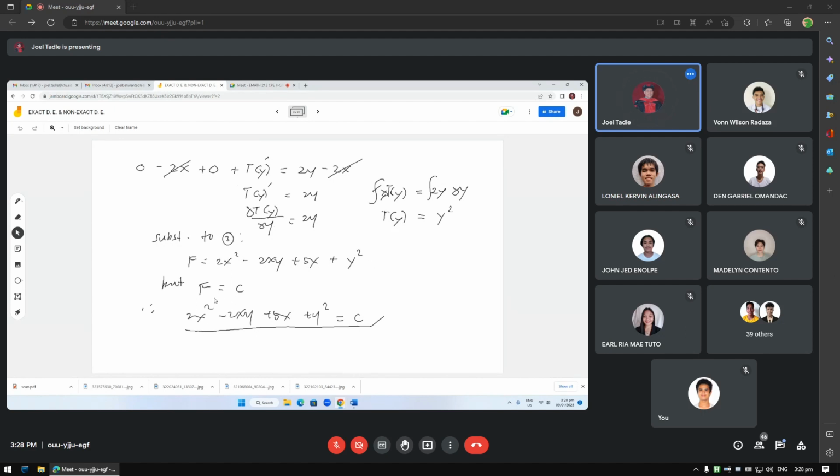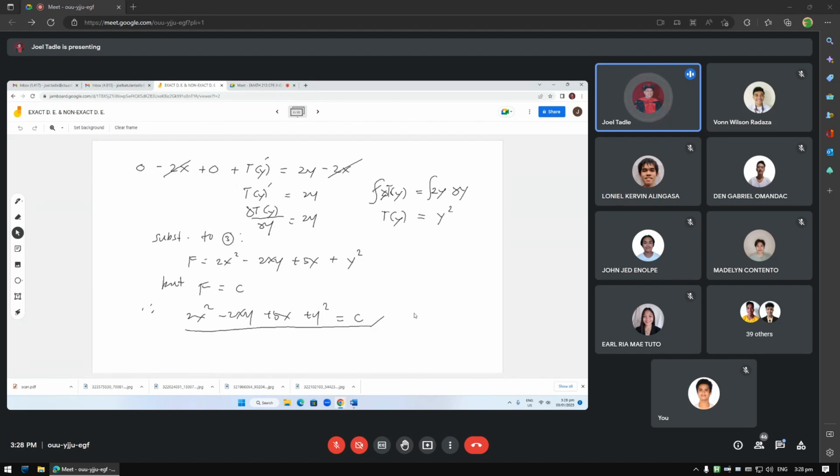But f is equal to an arbitrary constant c, as in our notes. So substituting that value, our final answer is 2x squared minus 2xy plus 5x plus y squared equal to constant c.